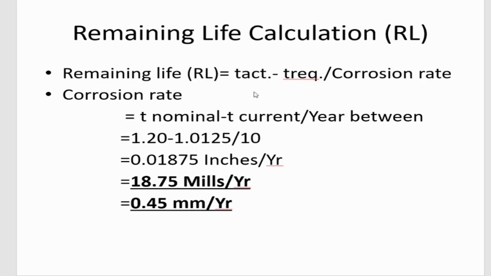First of all, we have to calculate the corrosion rate. The corrosion rate is the nominal thickness minus the current thickness, divided by the years of operation.